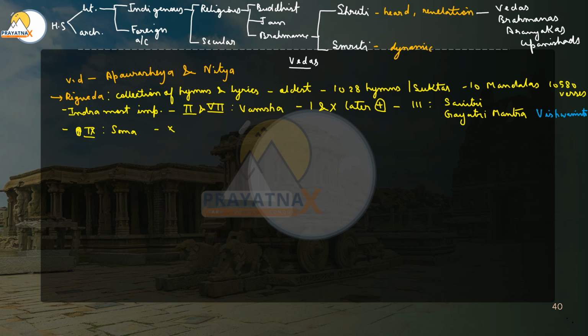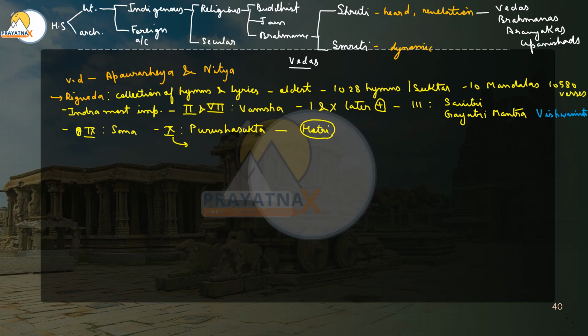The 10th mandala contained the famous Purusha Sukta hymn, and lastly the hymns were recited by Hotri priest. Also, it was in the 10th mandala where origin of the universe was first talked about.